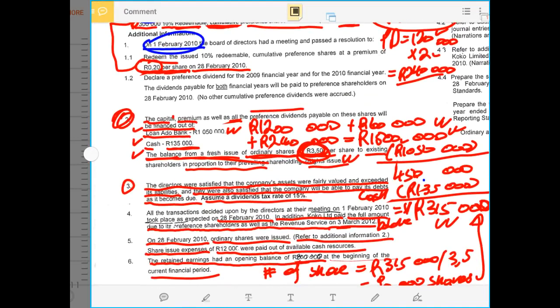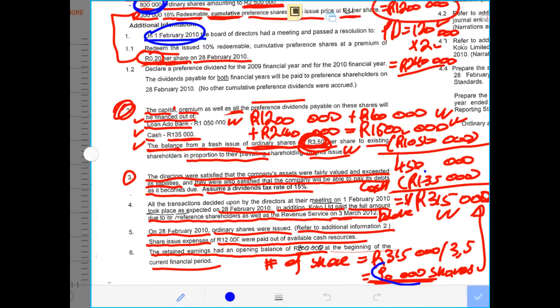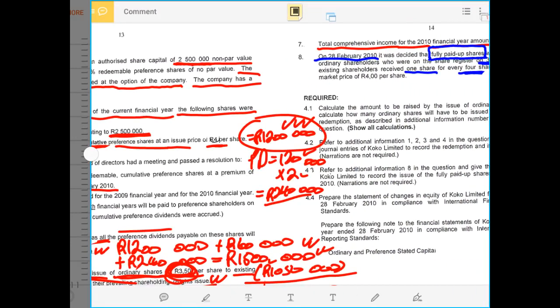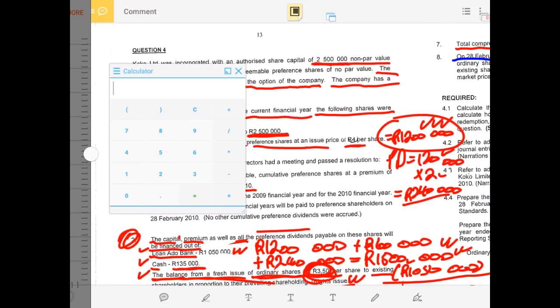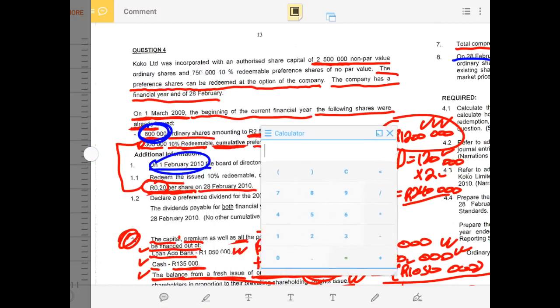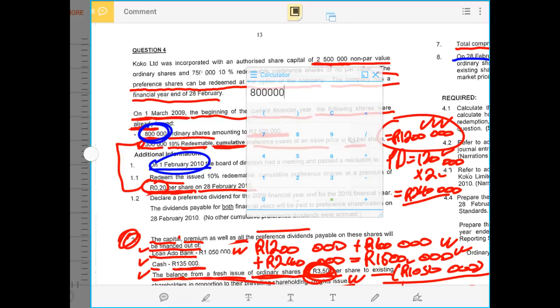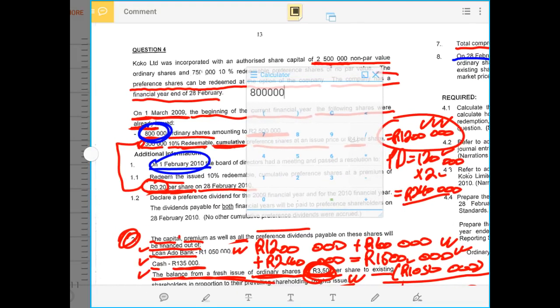So now that means the 90,000 will not be accounted for. So when we calculate these shares, we'll only have the 800,000 ordinary shares that were in the share register on the 31st of January in the year 2010, because these shares were issued by the beginning of the year. These shares were already in the business.